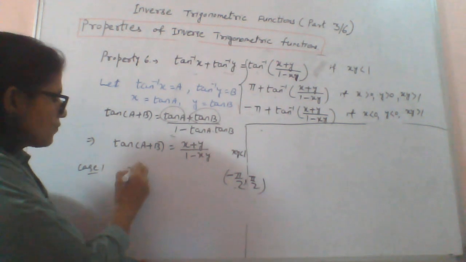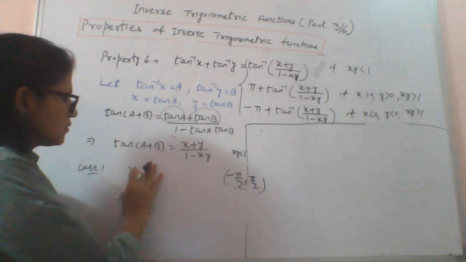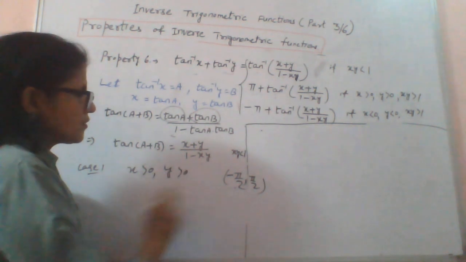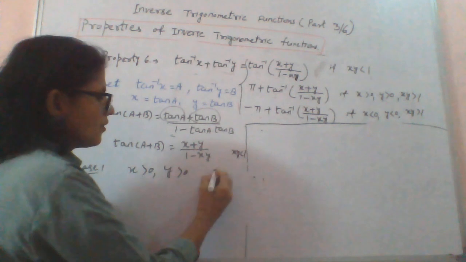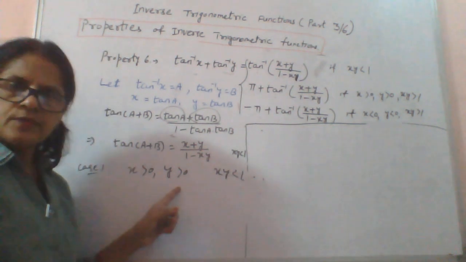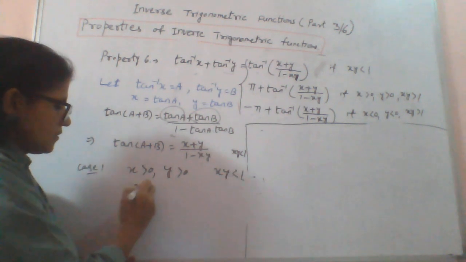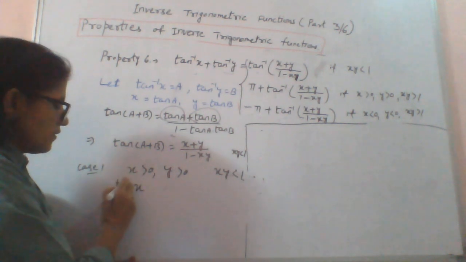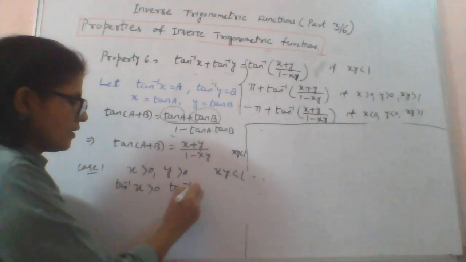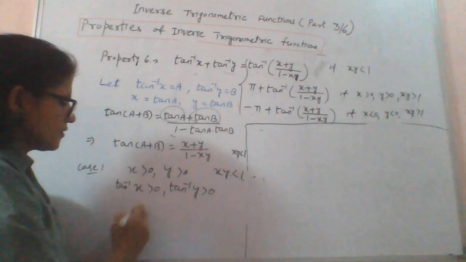First case: x and y both positive, x greater than 0 and y greater than 0, and xy is already given to be less than 1. When x and y are both positive, it means tan inverse x is greater than 0 and tan inverse y is also greater than 0.